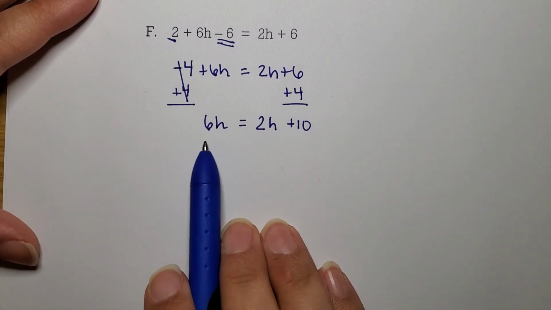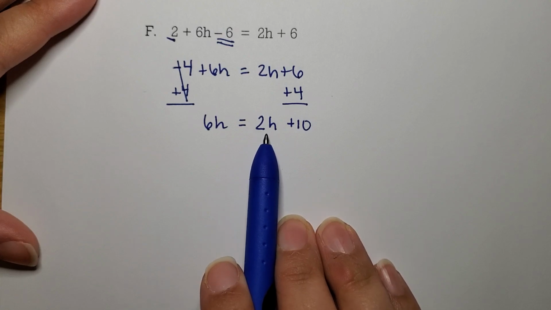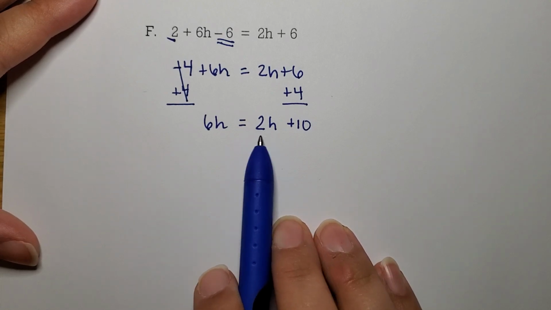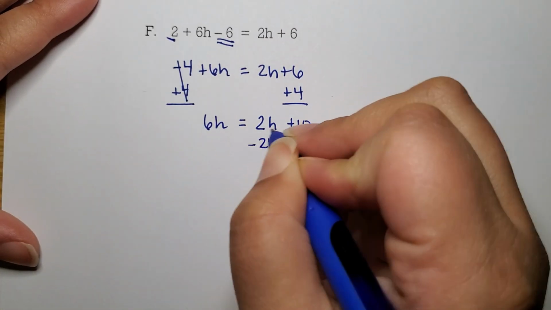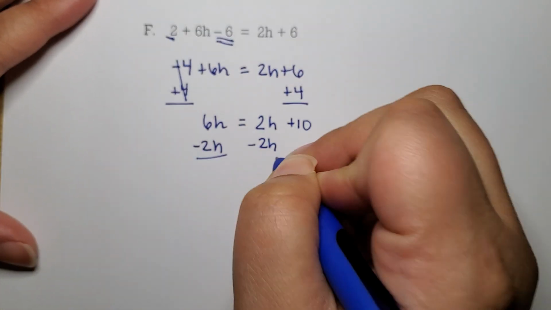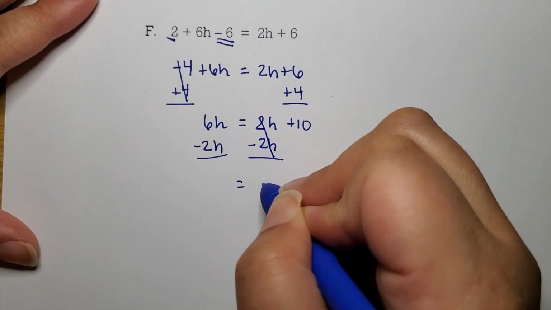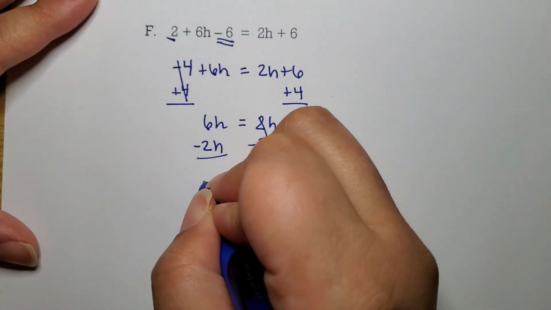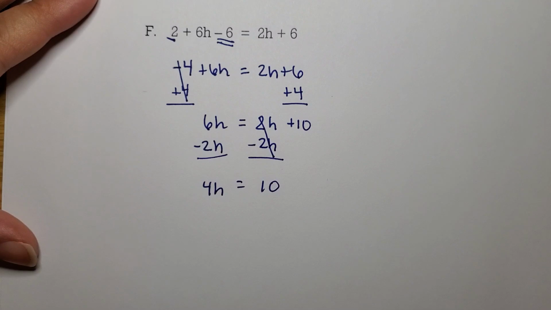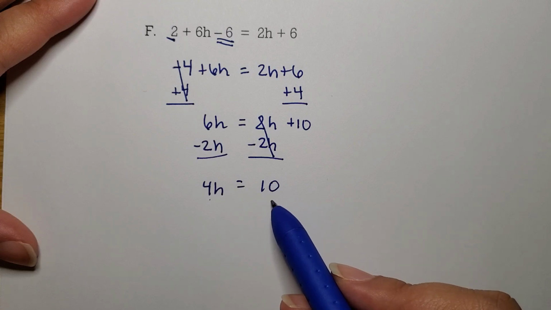Now I have h on both sides, so I've got to move this h over. Since it's a positive term, a positive 2h, I'm going to subtract 2h from both sides. 2h minus 2h is nothing. And then 6h minus 2h is 4h. Okay, now I have the h's and the numbers.